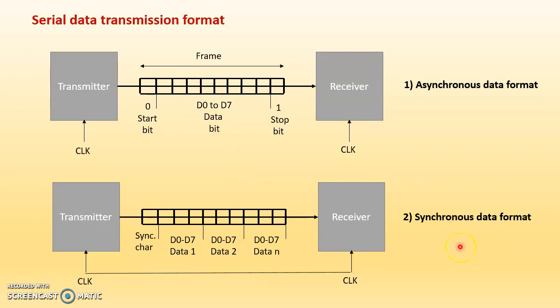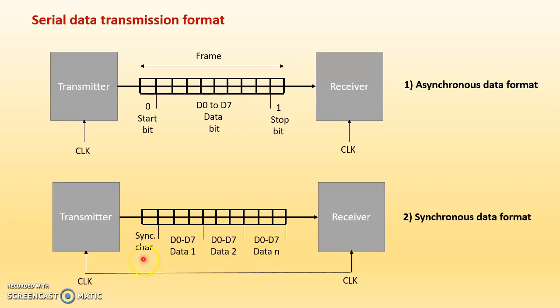And what happens in the synchronous data format? It will transfer a packet of data. So we can see here data 1, data 2 up to data n. It will transmit a packet of data.